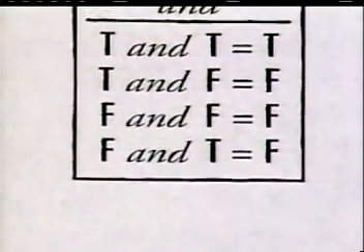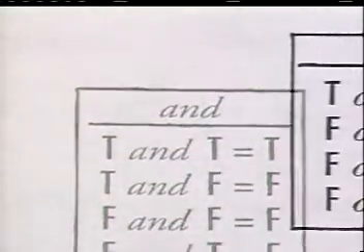Next, he divides all human statements into two types. A statement is either true or it is false. As he combines statements, truth tables emerge. And the tables reveal predictable patterns.